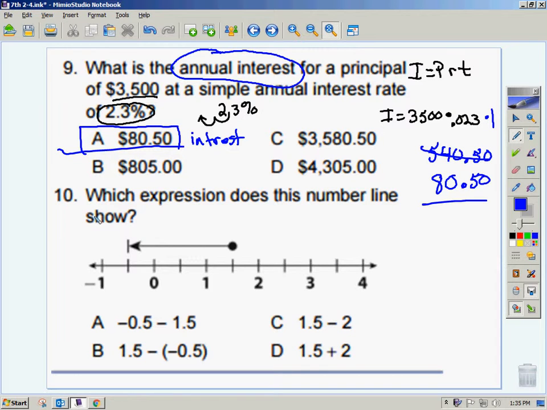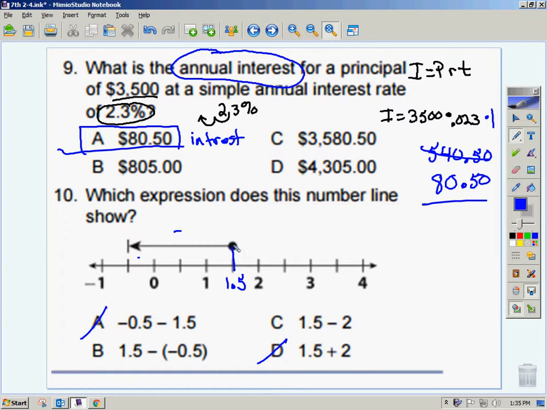Number 10 is a review question. Notice where it starts. What is it starting at? 1.5. I need to make sure I'm starting at 1.5. Am I adding to it or taking away? I'm taking away. So that eliminates adding.